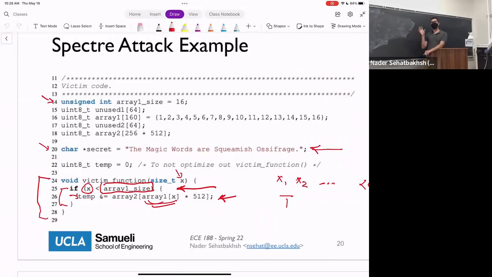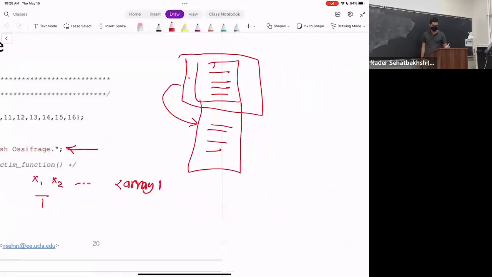Then during the actual attack, the adversary sends an X that is much, much bigger than the actual array size, which means that the adversary is going to access some other part of the memory that it's not supposed to access. So it was supposed to access only here, but it's actually accessing some outside part of this memory address.